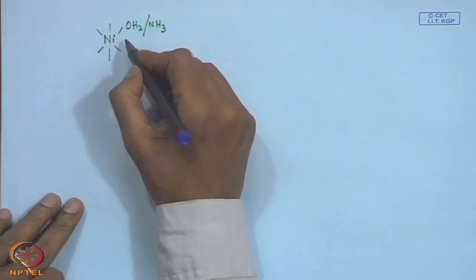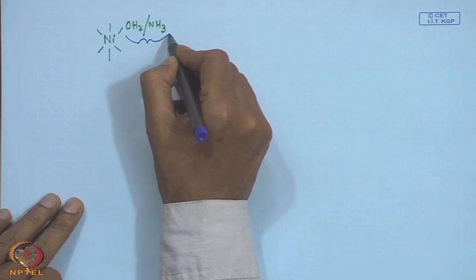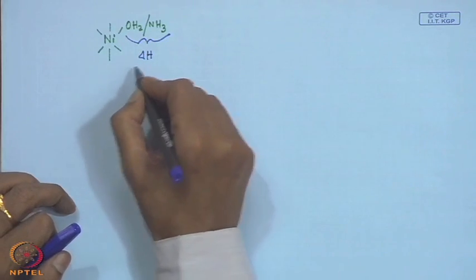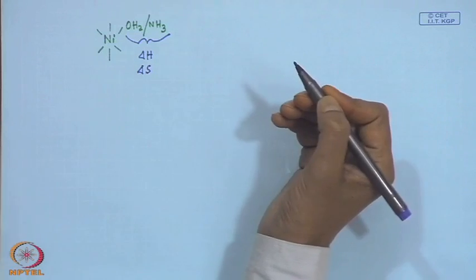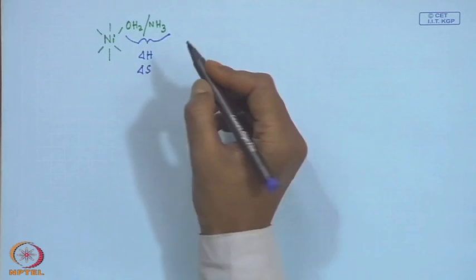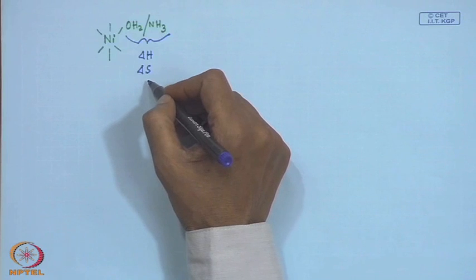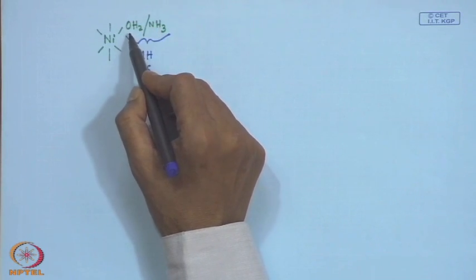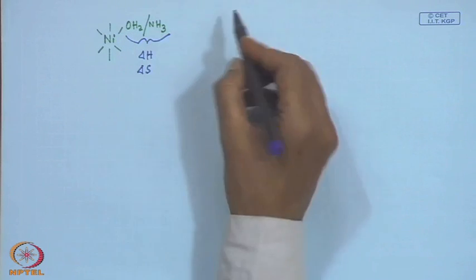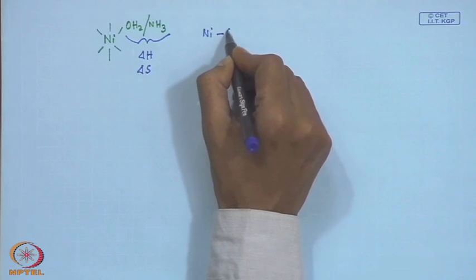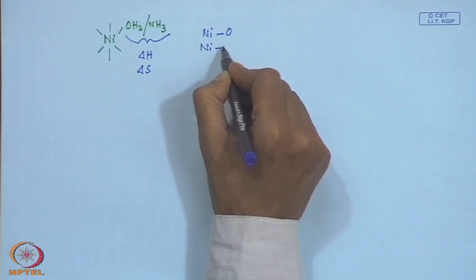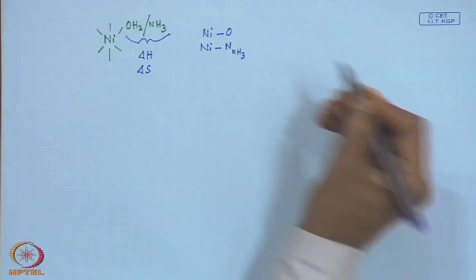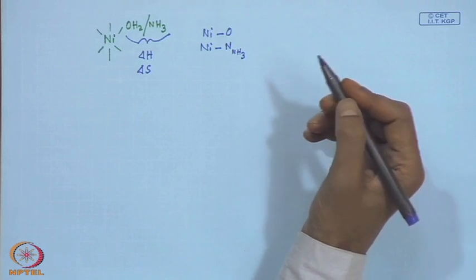So we have the corresponding values for delta H and the corresponding values for delta S. So we have the contribution from the enthalpy as well as the entropy, but in this particular case we are replacing the water molecule by the ammonia molecule, but the nature of these bonds from Ni-O to Ni-N we are changing, and this nitrogen bond is coming from the ammonia molecule.